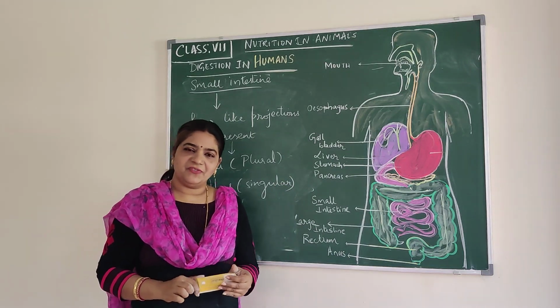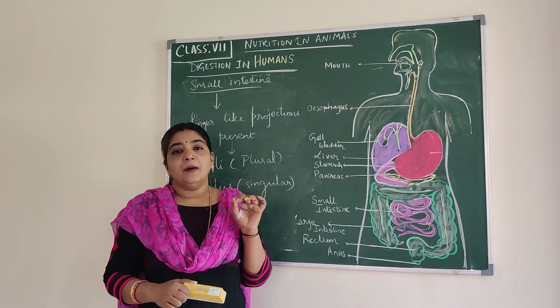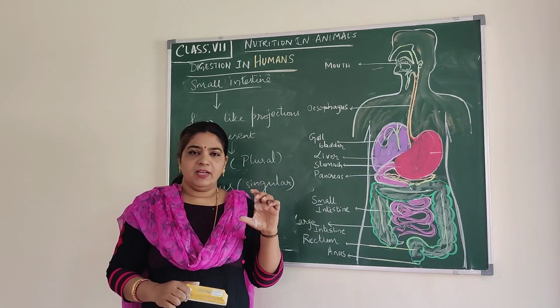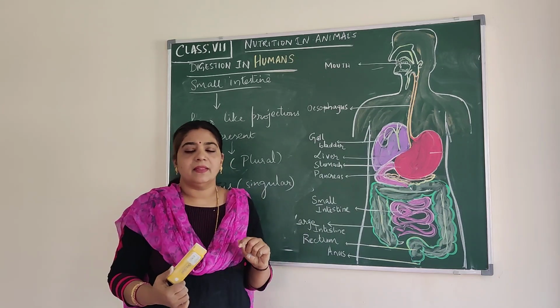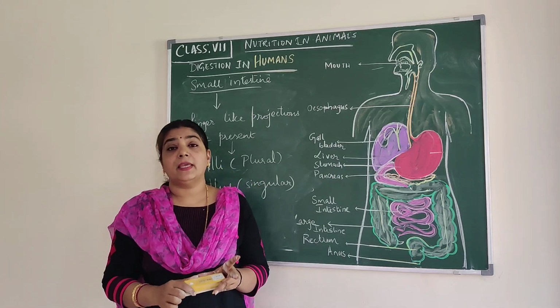So what is the function of this structure? These villi help in the absorption of digested food. The villi are surrounded by minute blood vessels, which we call capillaries.